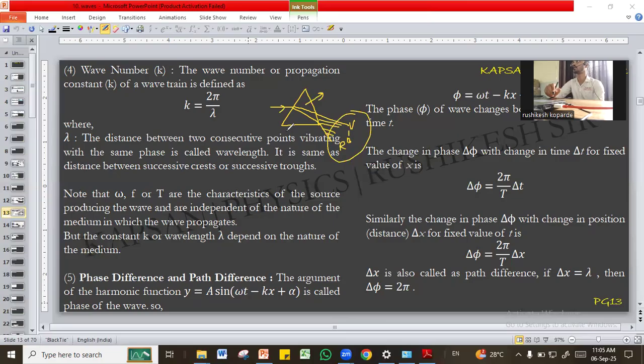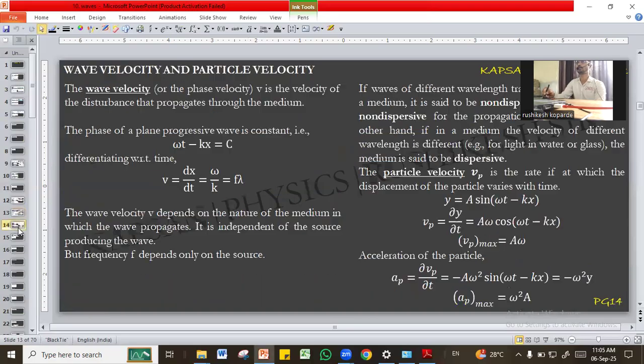Basically, glass is a dispersive medium. Therefore, this white light separates into its component colors. More about it later. But air for sound behaves as a non-dispersive medium. All sounds of all frequencies travel with the same speed in the air.